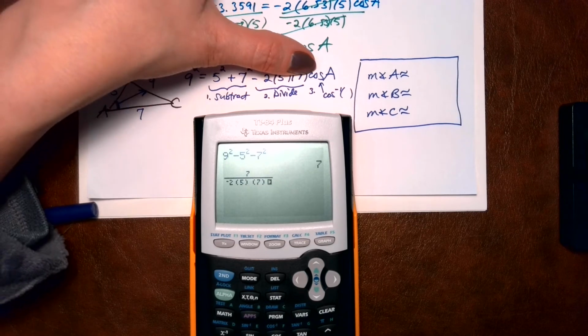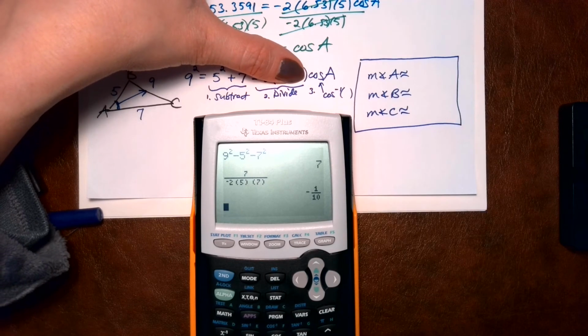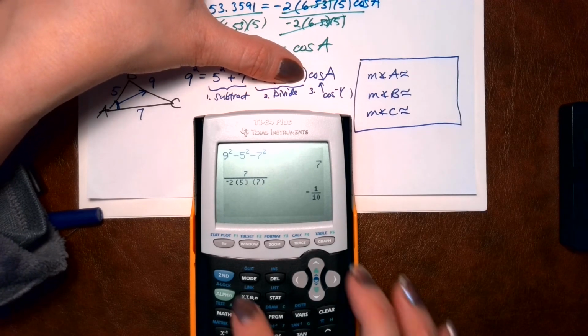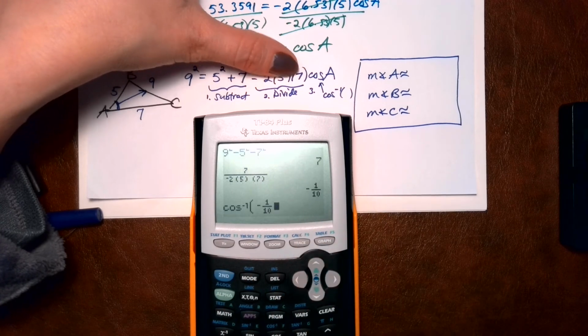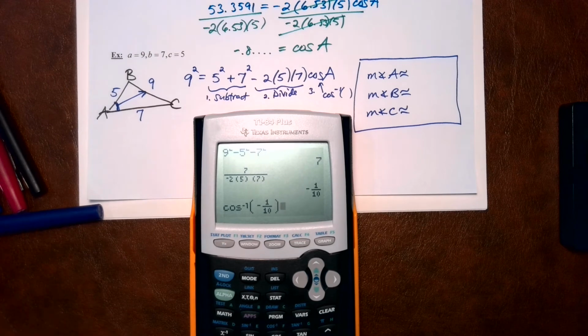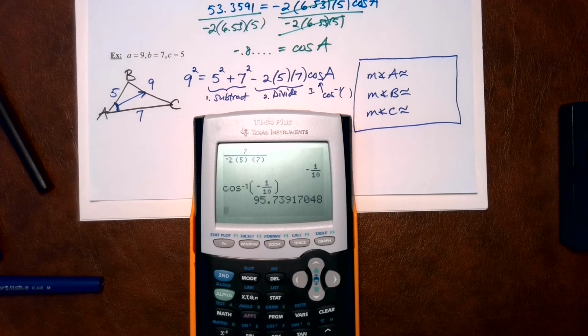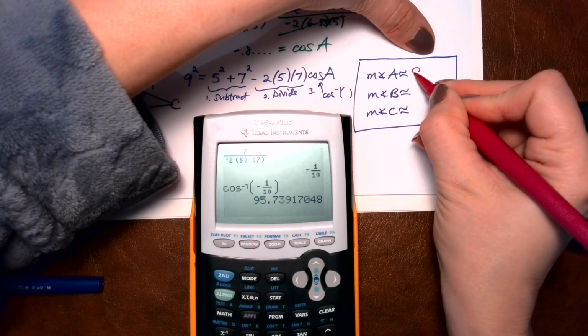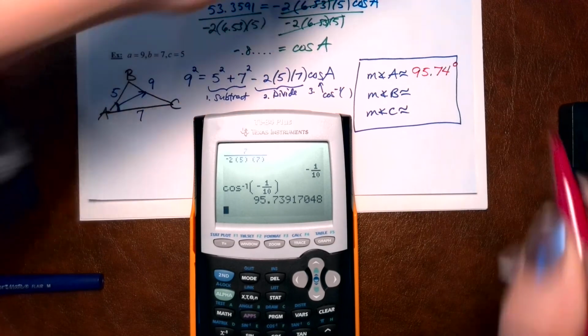Now we've divided this away, and then we have to do cosine inverse of that answer. Angle A is 95.74 degrees.